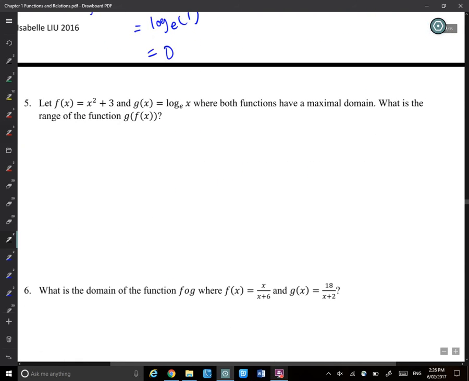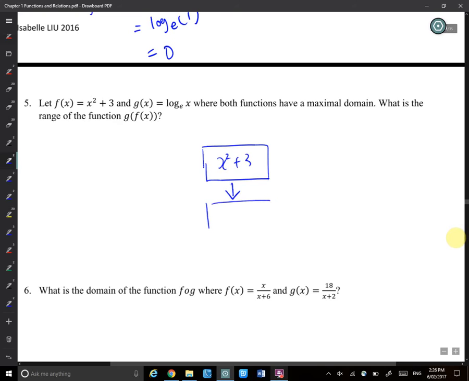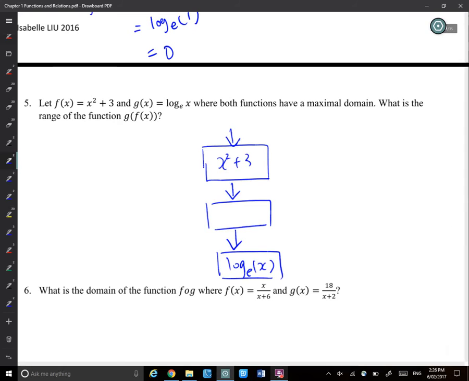So let's have a look at example 5. We put things into fx. fx is x squared plus 3, and I have some value out. I put this value into log ex. What can I put in at the start? All the real numbers are possible because it says we have the maximum domain.